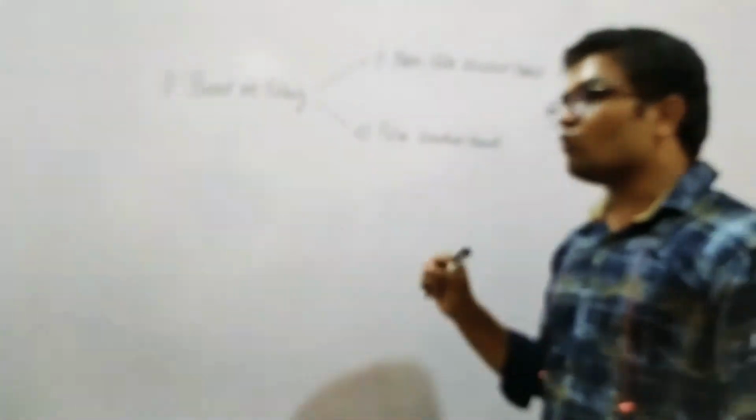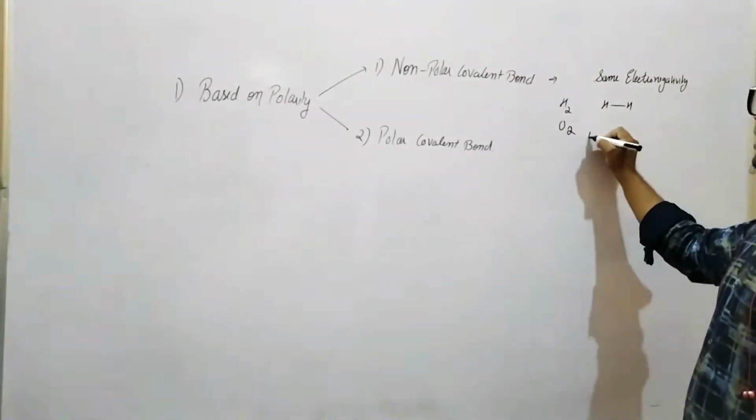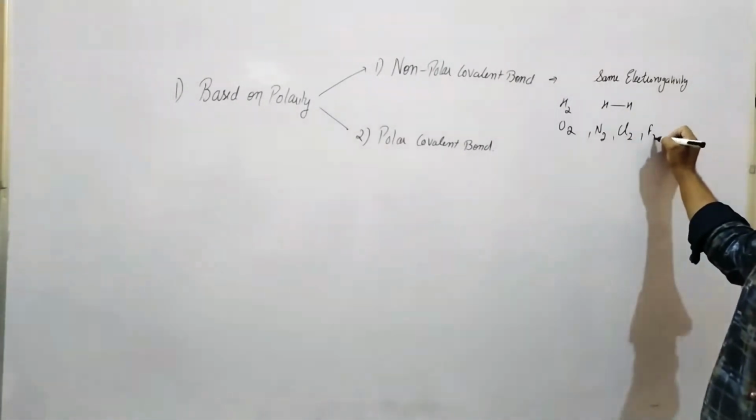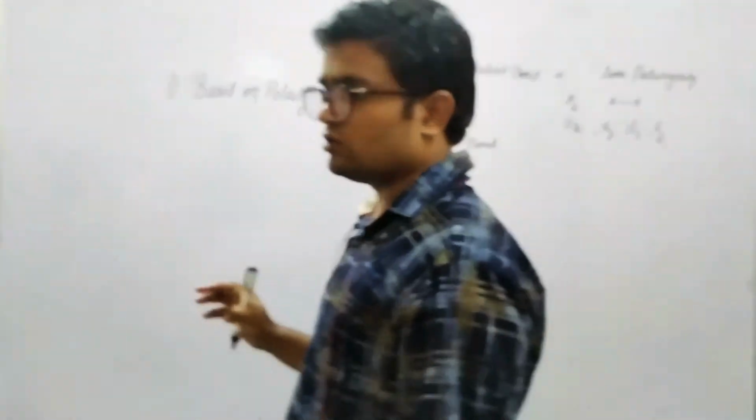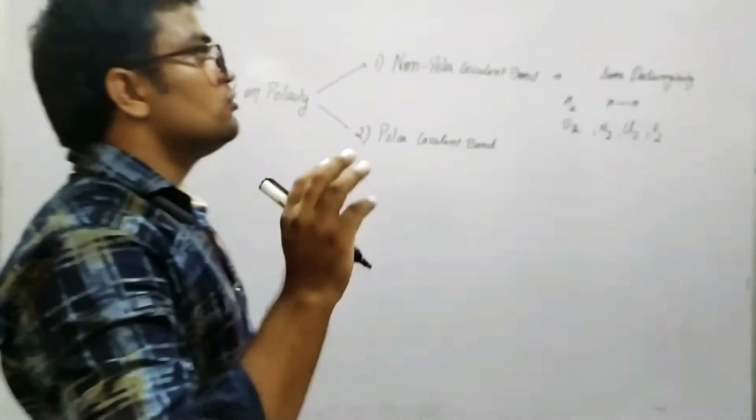There is no electronegativity difference between the two hydrogen atoms. Therefore, it is non-polar. O2, N2, Cl2, F2. All the homodiatomic molecules are non-polar.